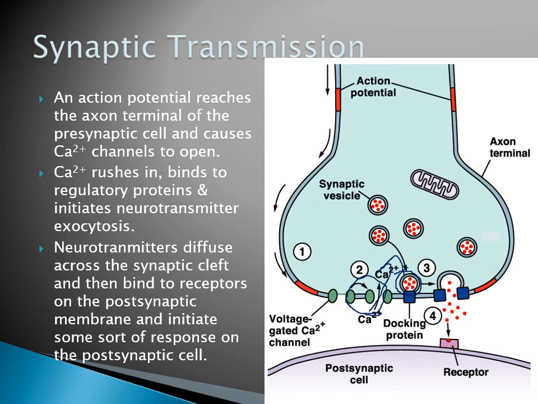That's going to cause the vesicle to come to the membrane, and it's going to spew out all its contents. Those neurotransmitters then move from the presynaptic to the postsynaptic dendrite, where they find the receptor and bind to it, and that's going to cause sodium to flow in, depolarization to take place, and the action potential to now take place in this next neuron.